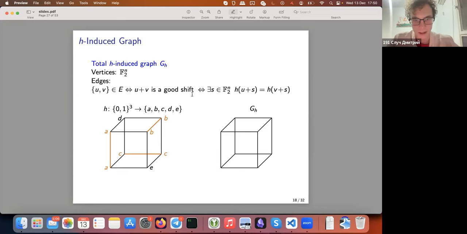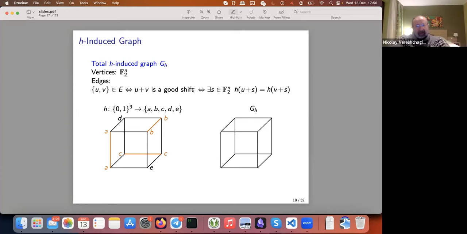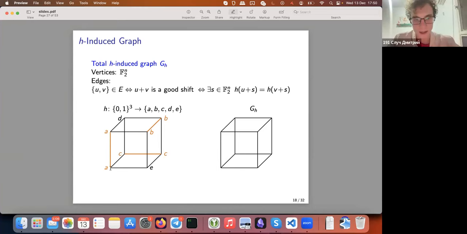But this is already not clear. You have defined a good shift, but what are you illustrating now? Why is this H a good shift? They're good shifts because that's a shift between two vertices with the same value. So good shift is not an edge.